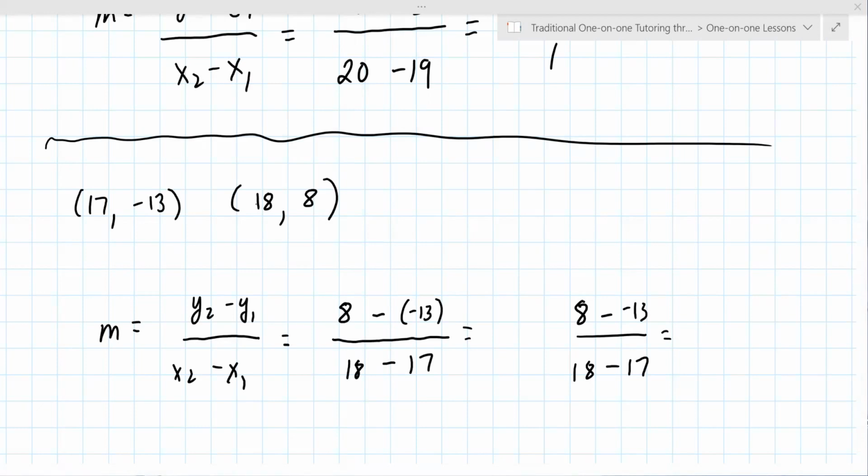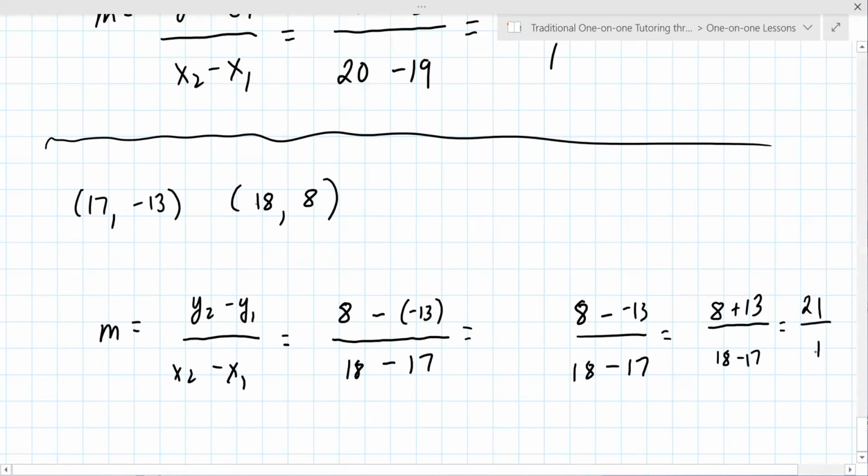They're both negative, so it becomes plus 13. 8 plus 13. Okay. So that's 21 over 1. Is that okay, or is it still not clear?